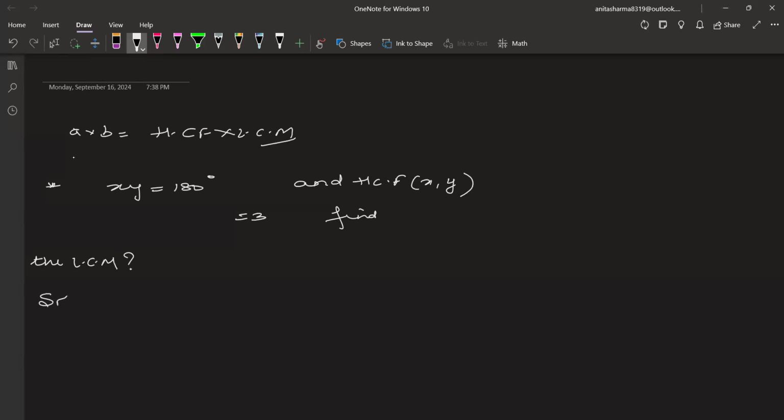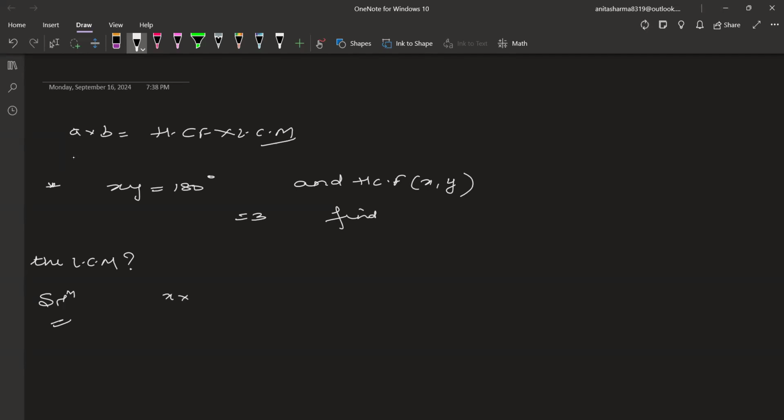Tell me what we have to do here. Actually, the product of two numbers is given. The two numbers are x and y, right? And the HCF is given. So you need to find the LCM. We know that HCF into LCM is equal to the product of the two numbers.